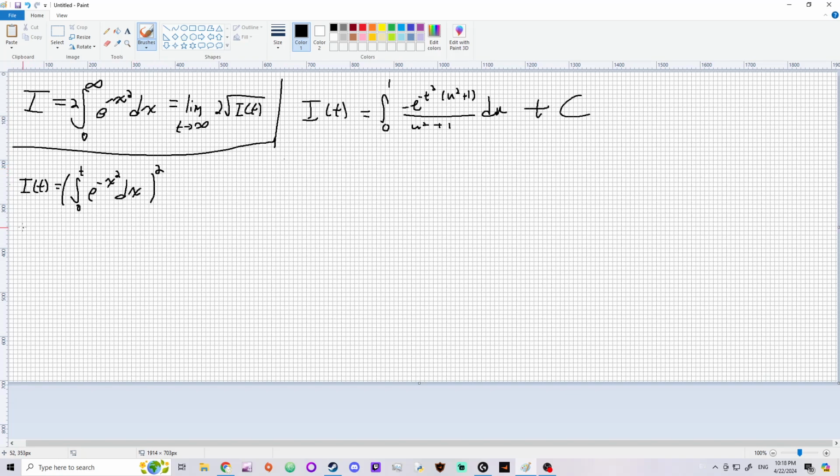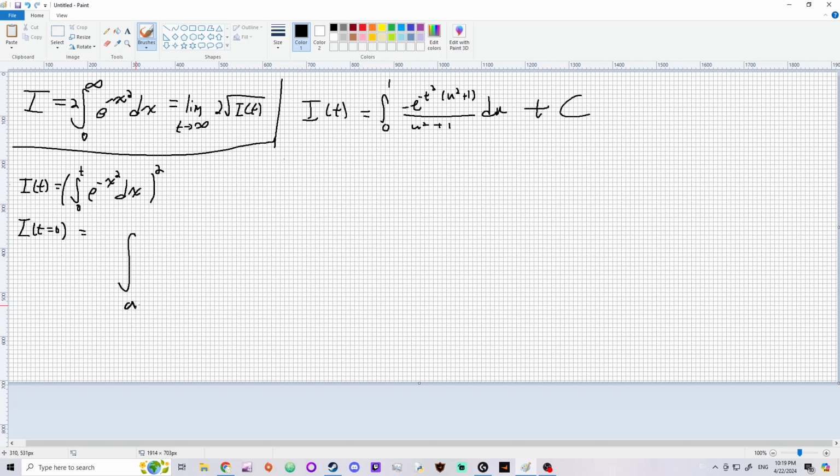When t is equal to 0, what do we get? We get this integral from 0 to 0 of some function, which is equal to 0. That's the key takeaway. It doesn't even need to be 0, but the bounds need to be the same.